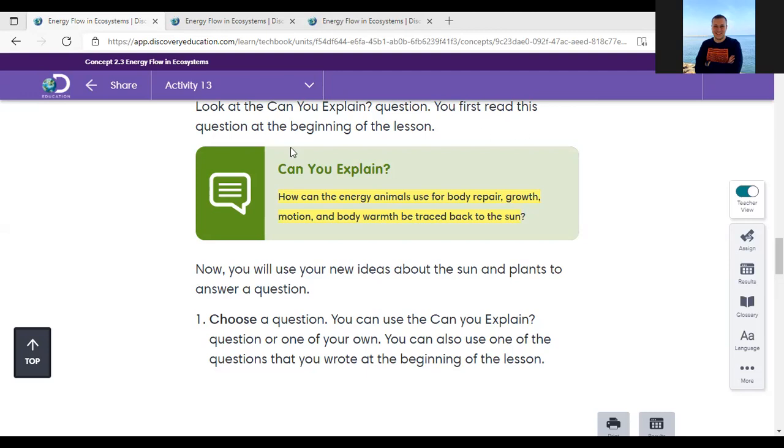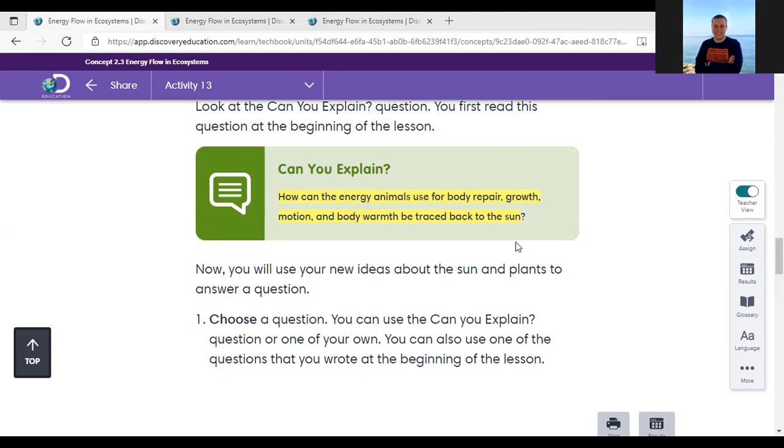Mu'taz? Yes, Mu'taz. When an animal is killed, the energy is transferred back to the sun.